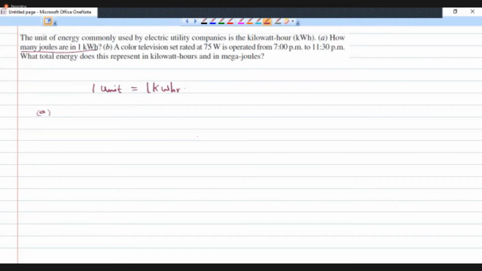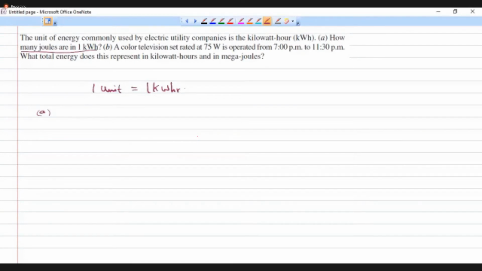So can you find that? How can you find out? 3.6 into 10 to the power 6 joule. Yeah, correct.